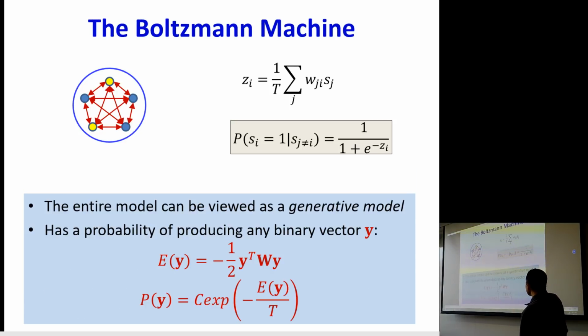Okay. Now the entire model can therefore also be viewed as a generative model. You can think of it as producing bit sequences, and the probability of producing any binary vector y is the Boltzmann probability for that y, right?